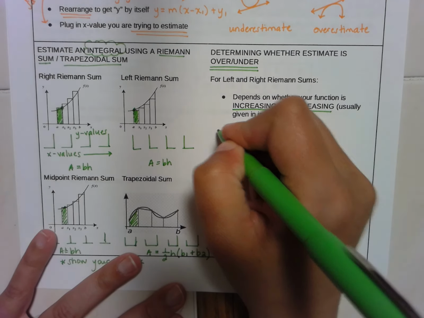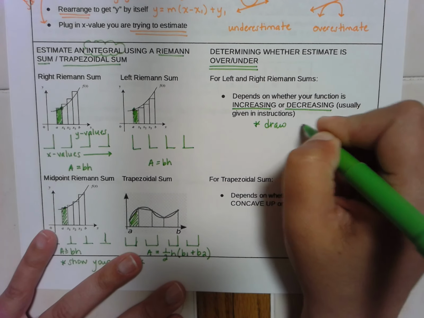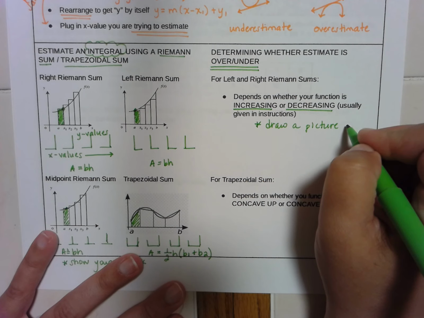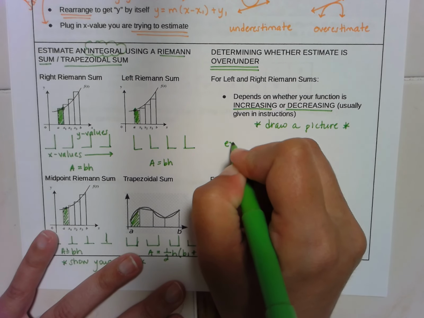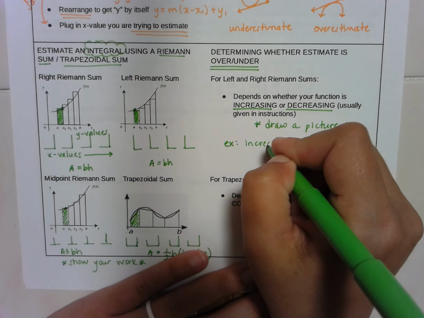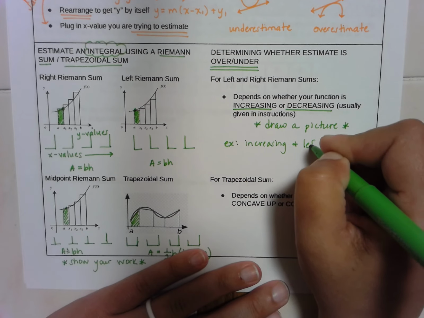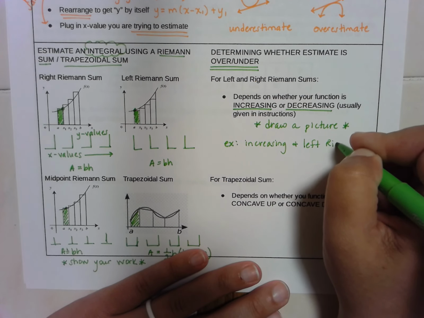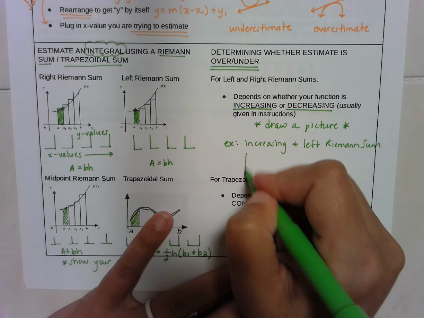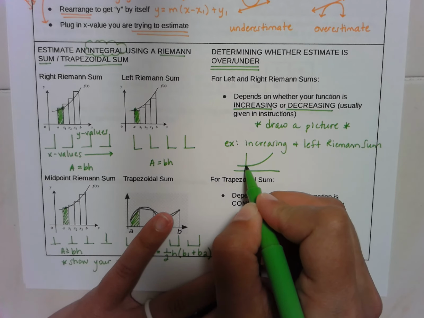So what you want to kind of imagine is drawing a picture. That's going to be the key here. For example, and I'm not going to do all of the different combos, but for example, if you have an increasing function and a left Riemann sum, I would draw an increasing function and I would draw a left Riemann sum.